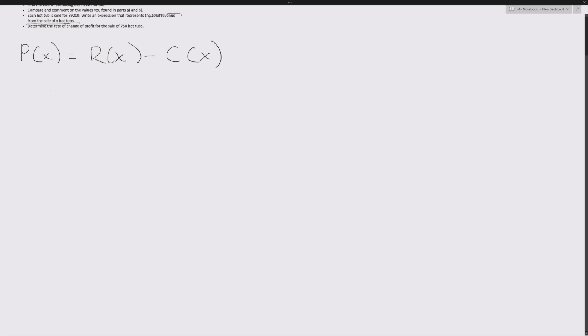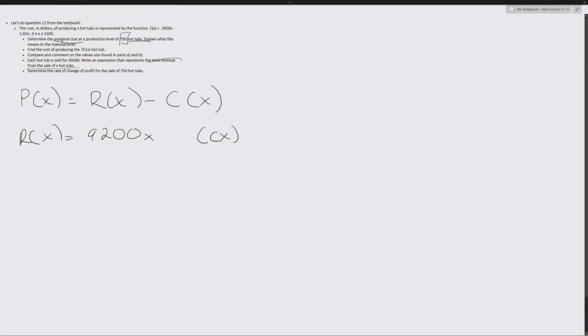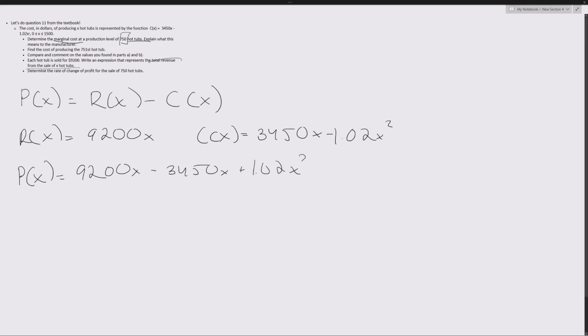We just determined that our revenue function is equal to 9,200x, and our cost function was given to us at the top, and that is equal to 3,450x minus 1.02x squared. So let's put these two together. So P of x is equal to 9,200x minus 3,450x plus, because remember, two negatives make a positive, 1.02x squared.